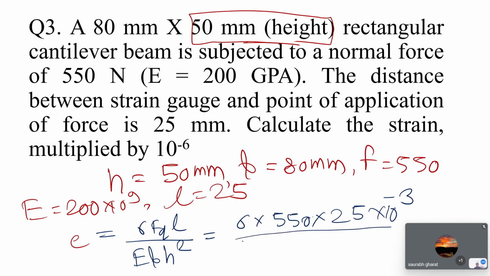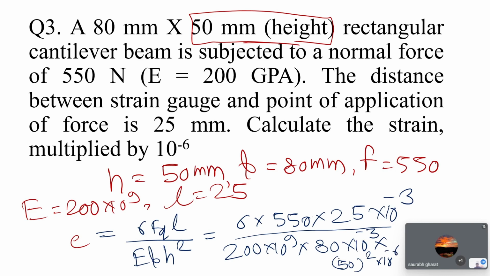And at this side into 200 into 10 raised to 9 into B. What is your B here? I told you 80. Be careful about this. 80 into 10 raised to minus 3 into 50 square, into 10 raised to minus 6.